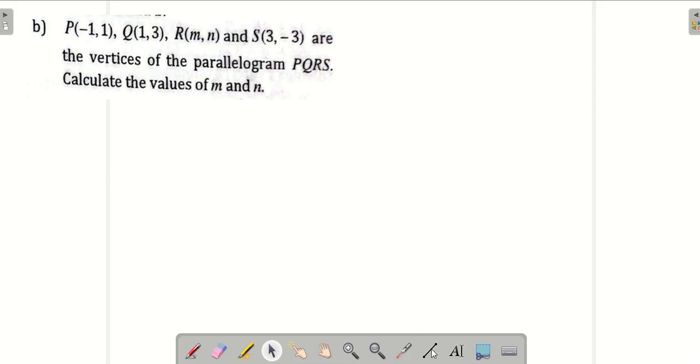So here what you have to do is to draw a parallelogram.